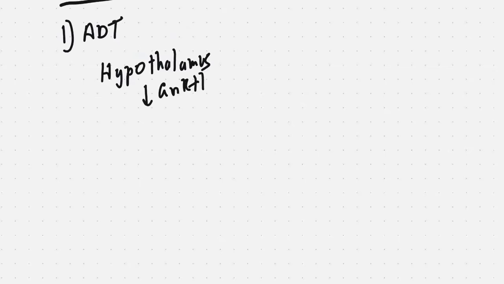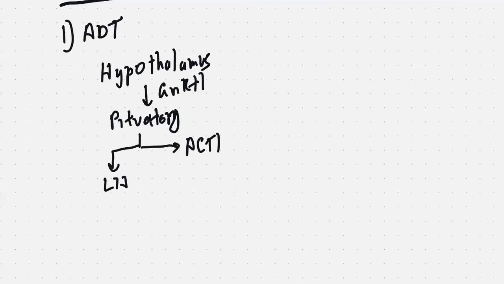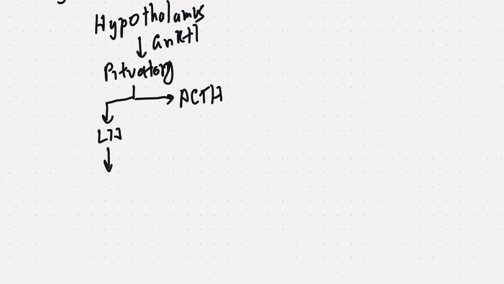And now from the pituitary, you have luteinizing hormone and you have ACTH, right? Now, this luteinizing hormone acts on the Leydig cells within the testis, right? And by virtue of action on the Leydig cells, it releases testosterone.